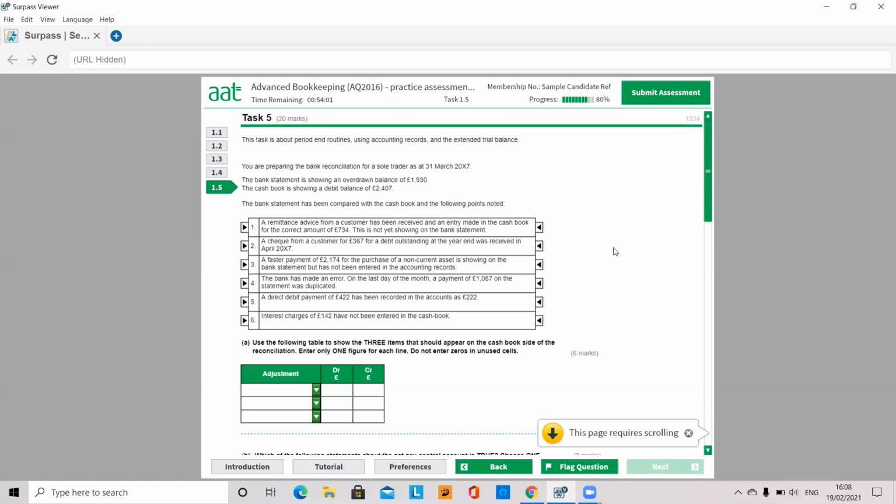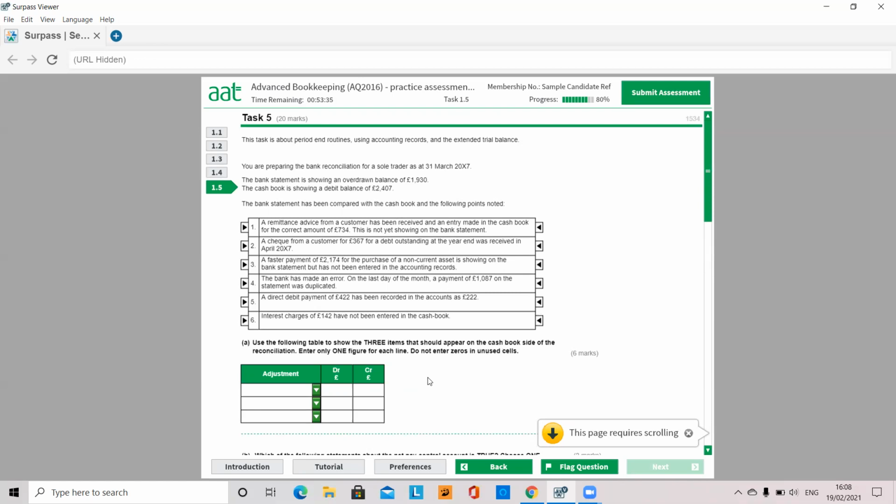Okay, so the first one says a remittance advice from a customer has been received and made as an entry in the cash book for the correct amount, yet this is not shown on the bank statement. Not bothered because this is about the cash book, not the bank statement. So that was done correctly so far as the cash book's concerned.